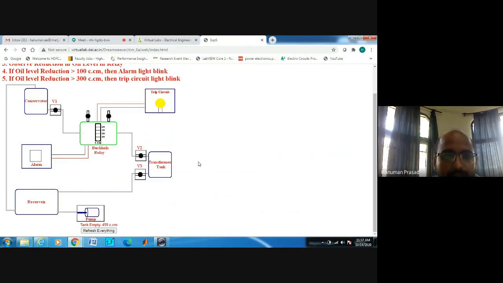So this is the conclusion. The red signal indicates some internal fault occurred inside the transformer tank. Then we are required to remove the unhealthy and healthy portions.